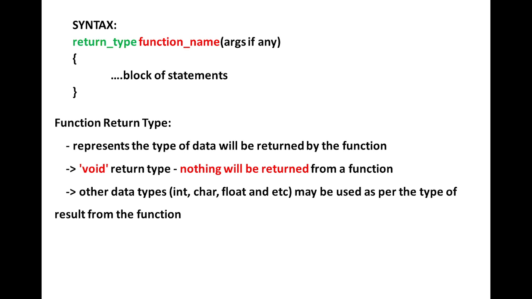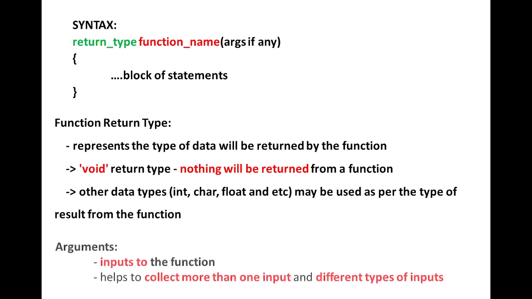If the function should return something, then according to the kind of data, you can identify the data type to be used. Suppose the function should not return anything; it can take input, or even do its work without input. Whatever it is, if the function is not returning anything, we go with void. Void represents that nothing will be returned from a function.